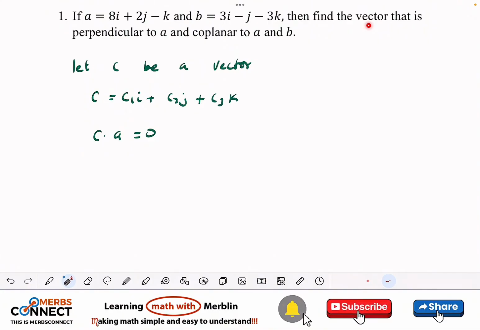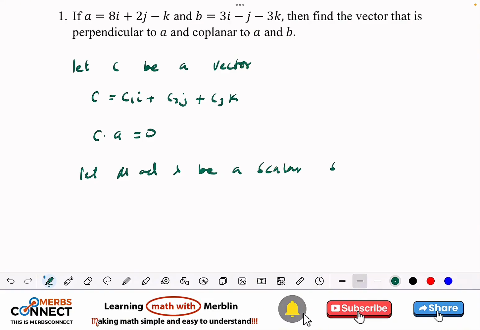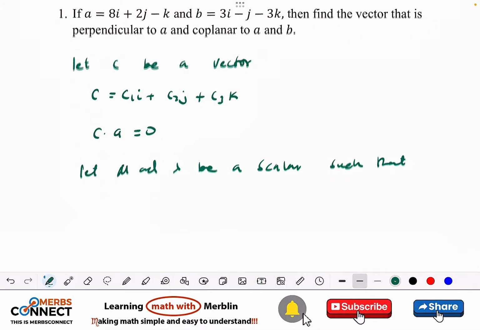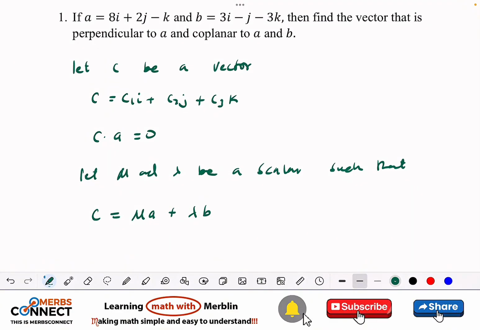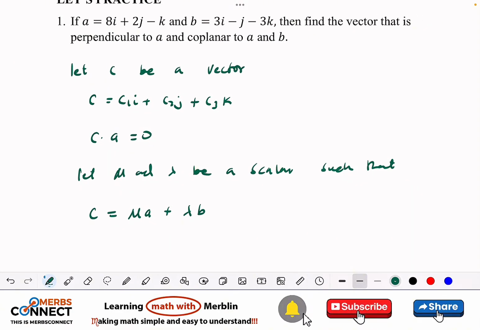Because C is coplanar to A and B. So let mu and lambda be scalars such that C will be equal to mu A plus lambda B. These are the two equations that we need to set before we can look for that vector.